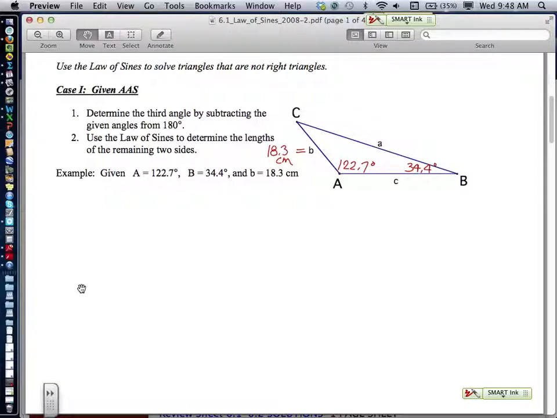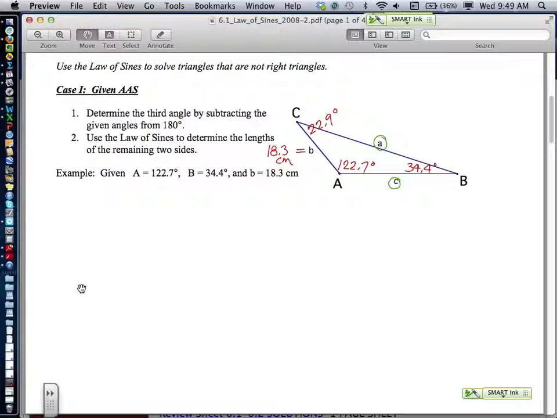So let's start there. Okay, so do you all get 22.9 degrees? All right, so we're going to get 22.9 degrees for this. So now, the only things that I don't know are side C and side A.